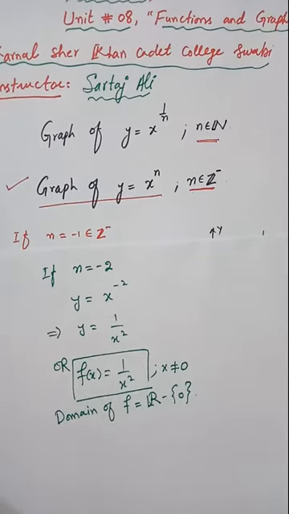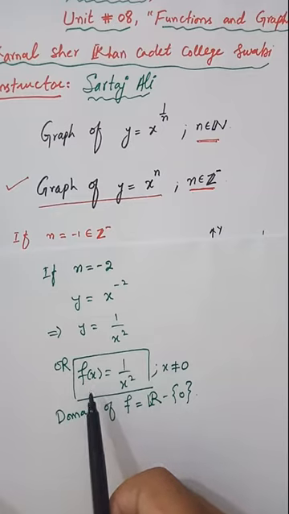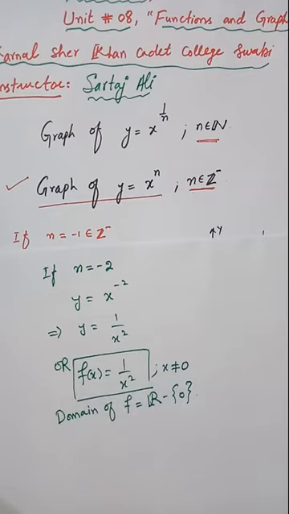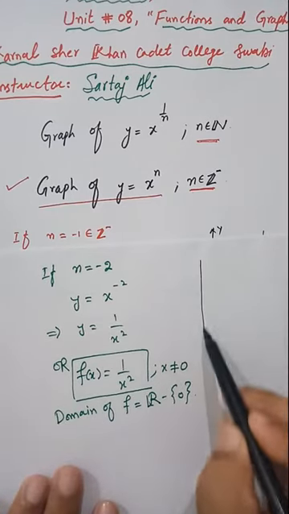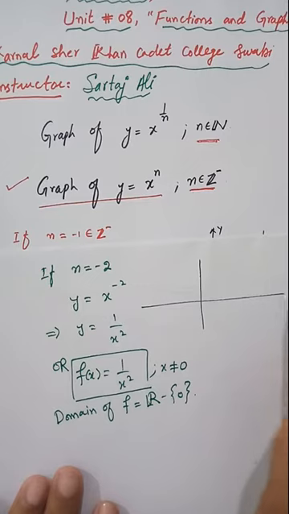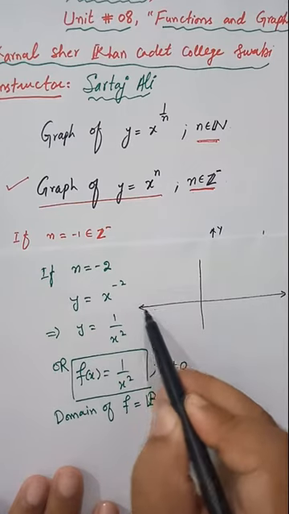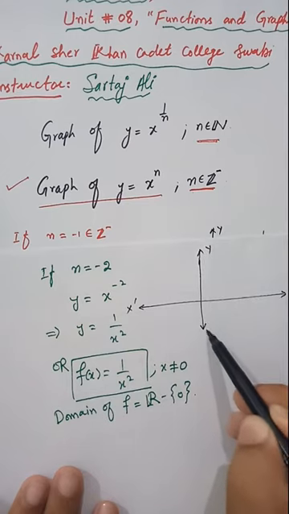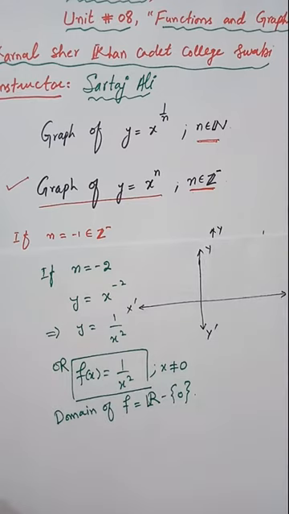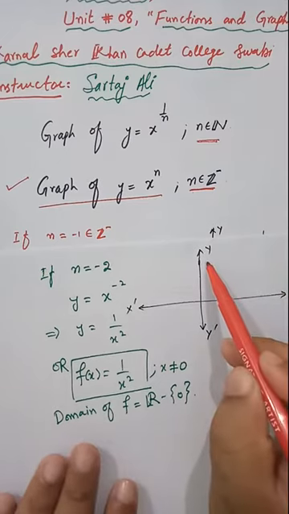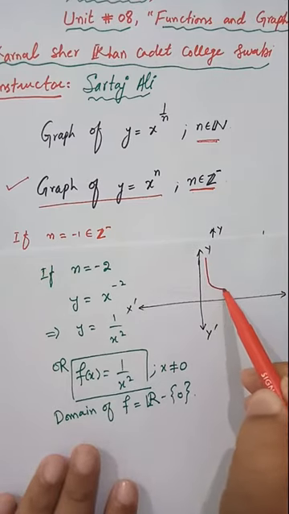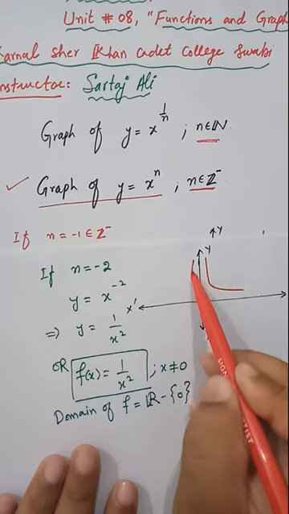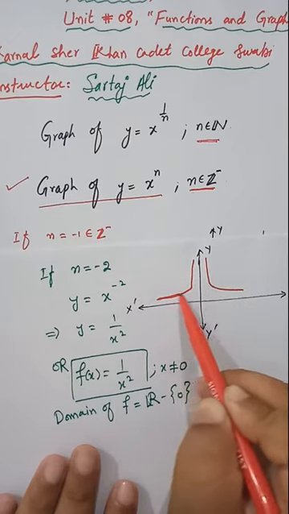Now when you take values from this set, plug in the argument, make a table in which you calculate the range values, make ordered pairs, and plot those points in the plane. So you must pass a curve in this fashion. This is the graph of y equal to, or f of x equal to, 1 divided by x square.